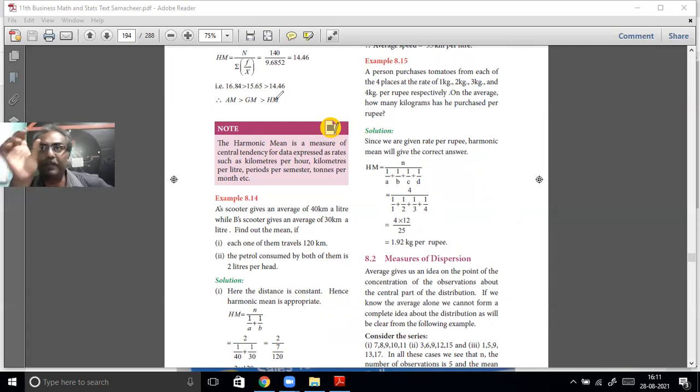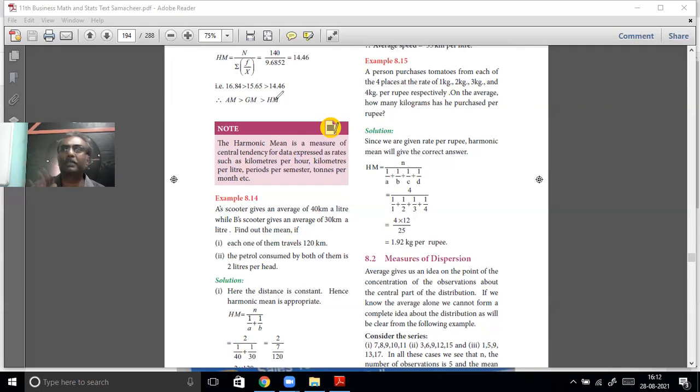Right at the center, or right at the quarter, or right at 3/4, or right at 1/10, 2/10, 3/10, 4/10 place, or at the 100th, 200th, 300th, 400th, or 99/100th place. So place-based, position-based measures of central tendency are called quartile, decile, and percentile. That is what we did first.